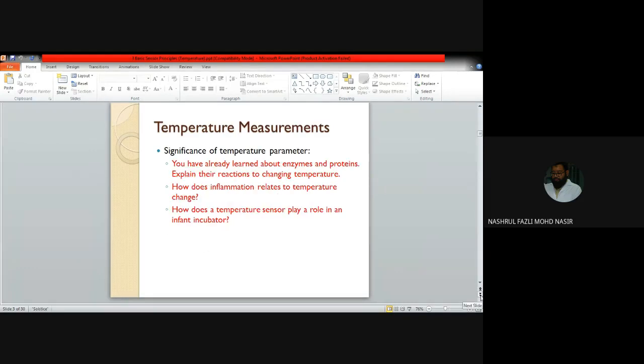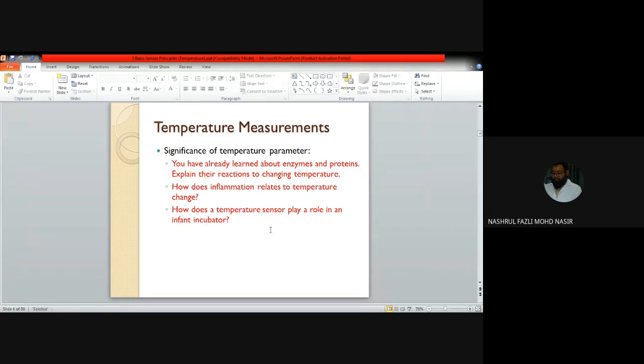So this is something biochemistry for us. We have learned about the enzymes and proteins, and they work best at the body temperature of 36.7.